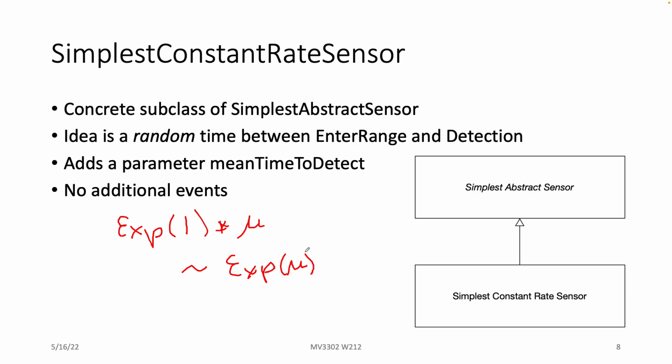This is, by the way, not true for every random variable. It's true for some of them, but not all of them. For the exponential, it happens to work, so that just makes the implementation a little bit nicer. So the random time is going to be an exponential random variable between the enter range and the detection time.